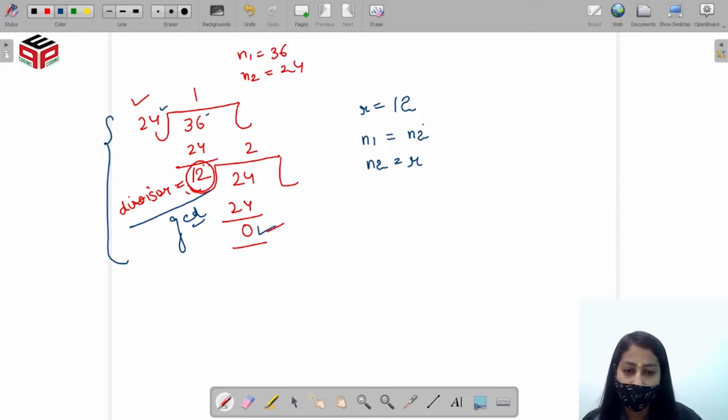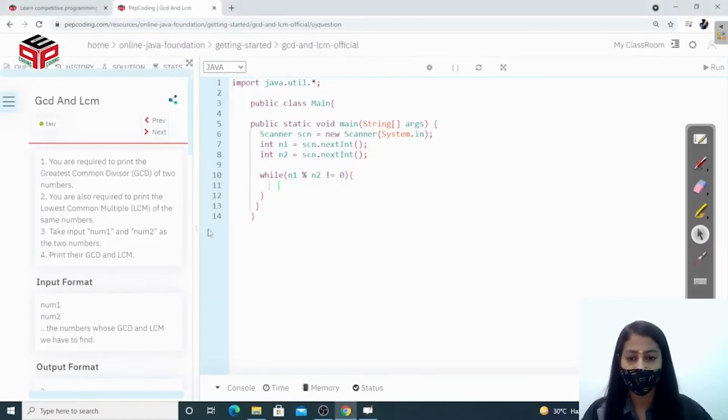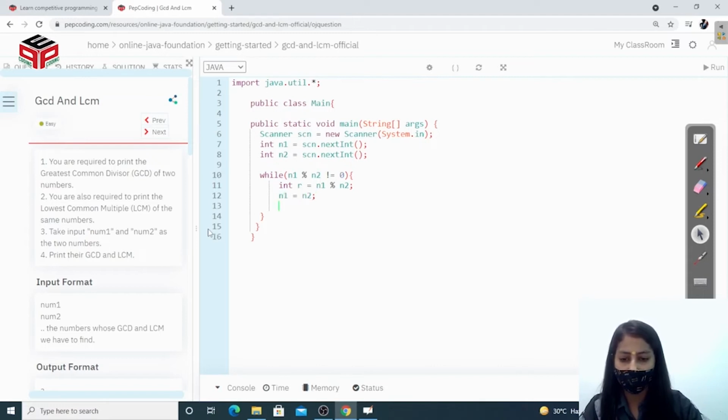So our dividend is now 24 and our divisor is 12, that is the remainder, right? Our dividend is now the divisor, and the divisor in the next division will be the remainder, right?